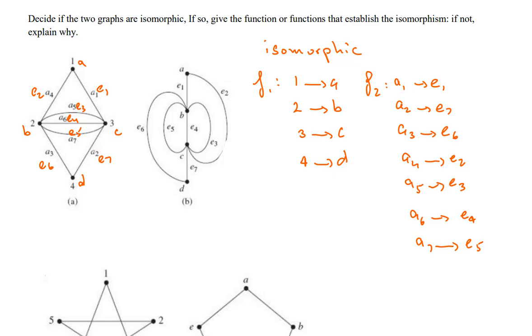Since this is not a simple graph, as we see here, we have parallel arcs. We have more than one choice for functions f1 and f2. You could choose differently, but here is one way of finding the f2 function that maps every arc in one graph to the arcs in the second graph.